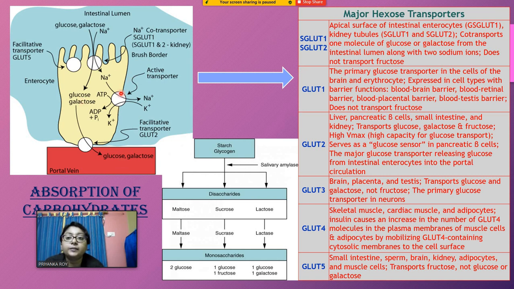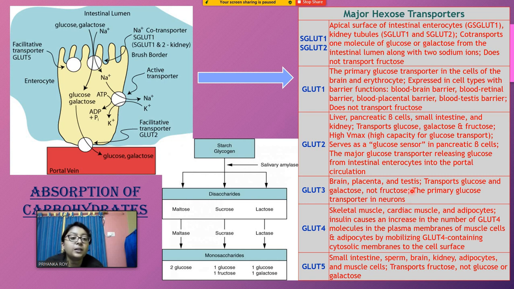And GLUT1 and GLUT2: GLUT2 can transport all the 3, like glucose, galactose and fructose. But GLUT1 can only transport glucose and galactose but not fructose. Similarly, GLUT3 can also transport glucose and galactose but not fructose.